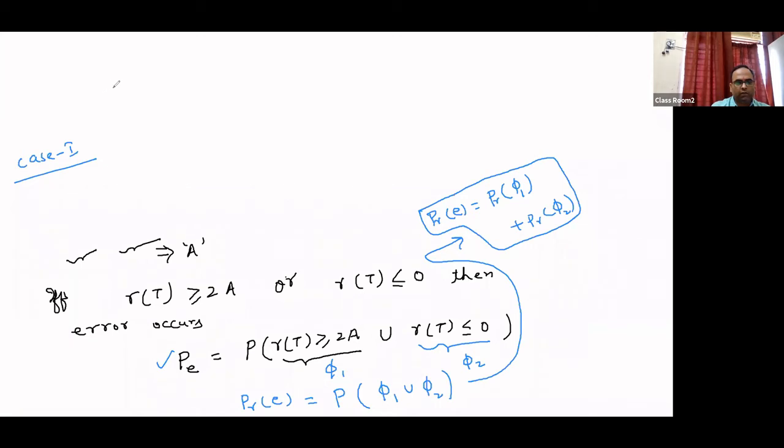We have already written in the last lecture that the value of r(t) can be written as A naught times E_p plus N tilde, where A naught is the amplitude of the pulses and E_p is the energy of the pulse. And we have taken the energy of the pulse as unity. So r(t) can be written as A naught plus N tilde, right? This is our received signal.